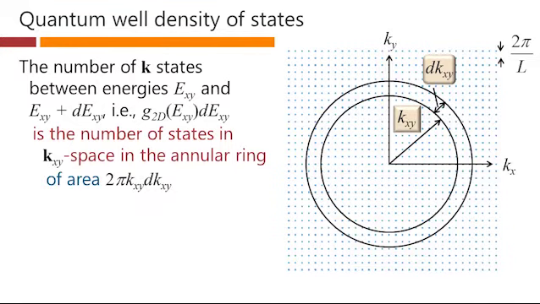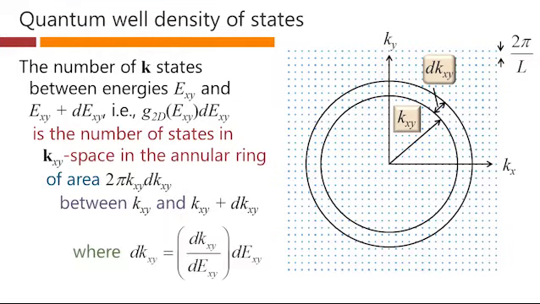And that's dkxy. So this is the area of this annular ring. And again, we can write down dkxy in terms of the derivative of kxy with respect to Exy multiplied by dExy. And we're going to use that in the same way we used it in 3 dimensions.